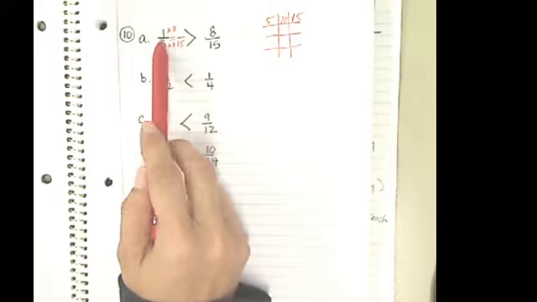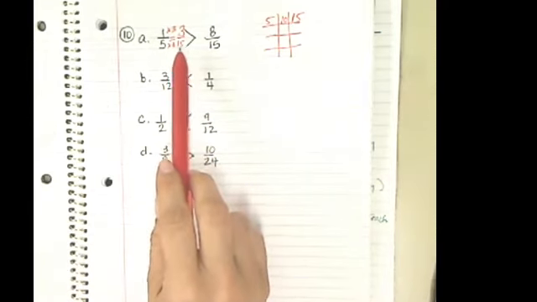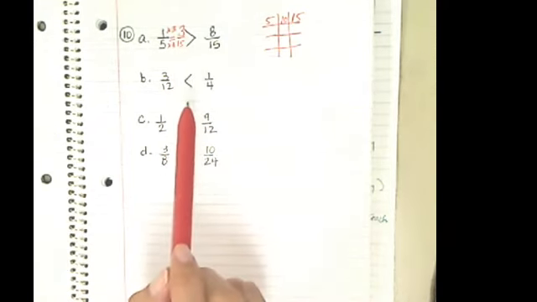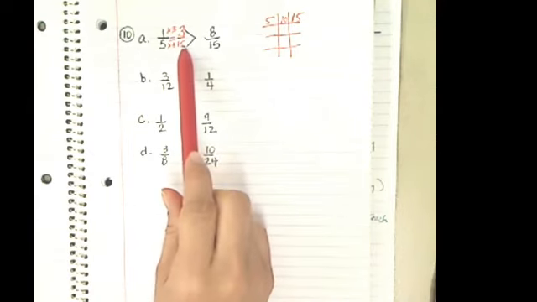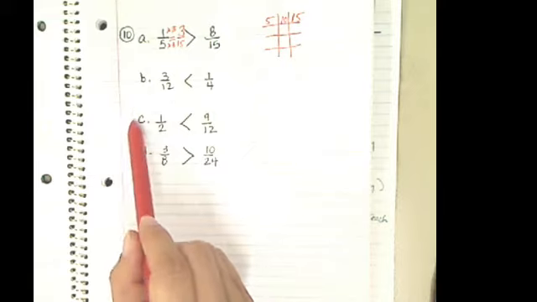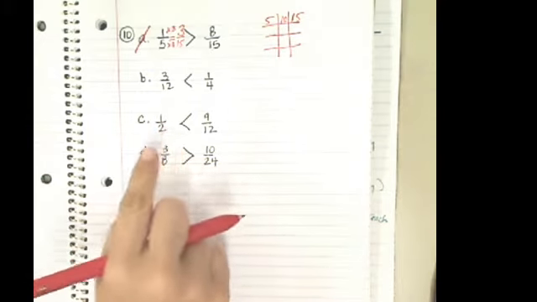So 3 times 1 is 3. So 3/15. Is 3/15 greater than 8/15? If I have 3 of those pieces, is that more than having 8 of those pieces? No. So this one doesn't work. Let's look at this one.